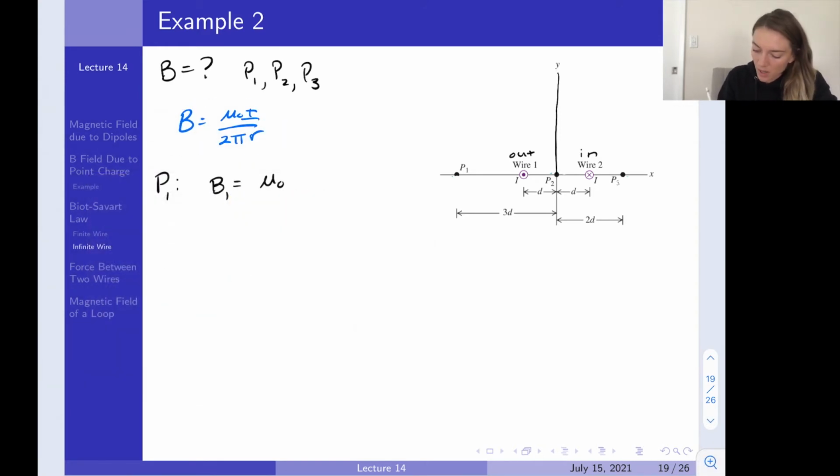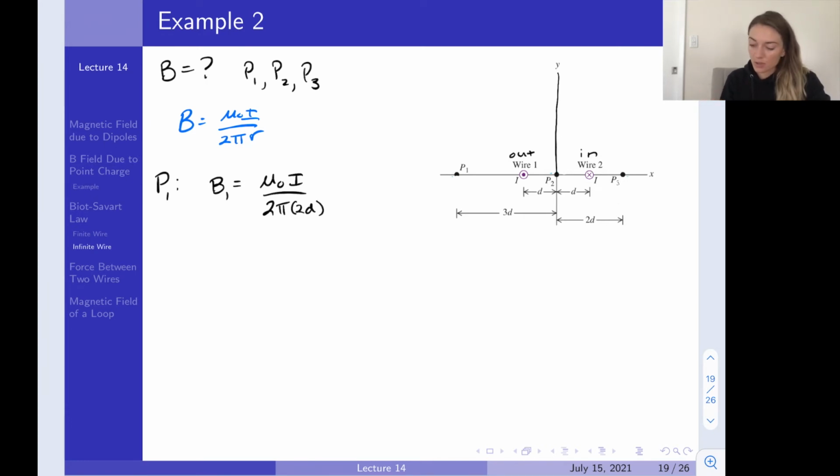For the first wire, we have mu naught I, they both have current I, then we have 2 pi, and the distance from wire 1 to point P1 is 2D, right? Because point P1 is 3D out here, and then wire 1 is located at distance D. So this distance is 2D.